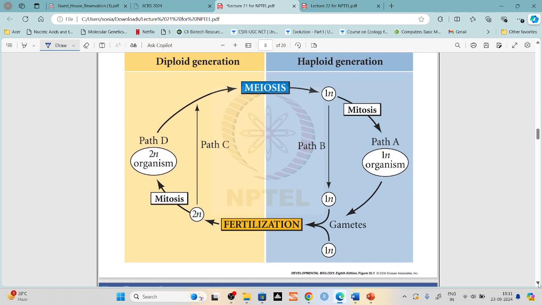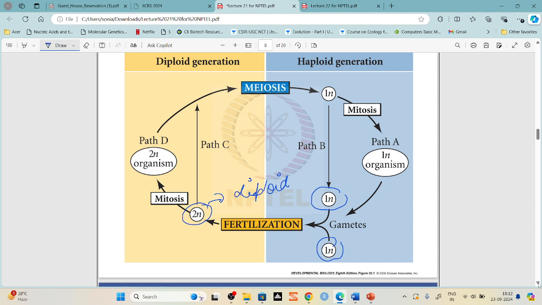So here you can see that this is a haploid gamete, 1n, 1n. After fertilization, it forms 2n. That is, now here it is diploid. This 1n and 1n were haploid, and after fertilization it forms diploid. And now this diploid will undergo mitosis.